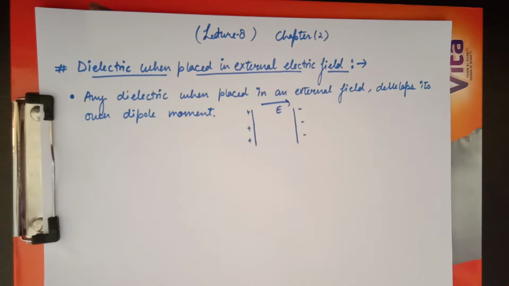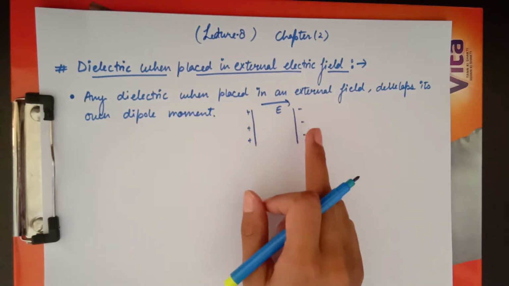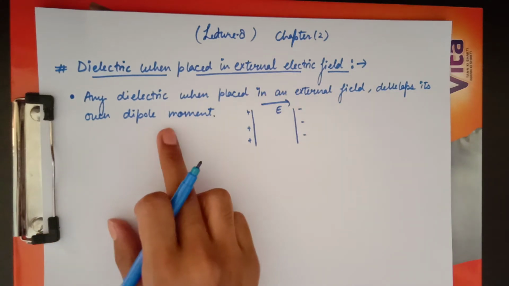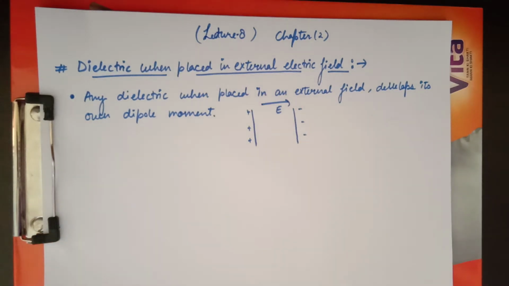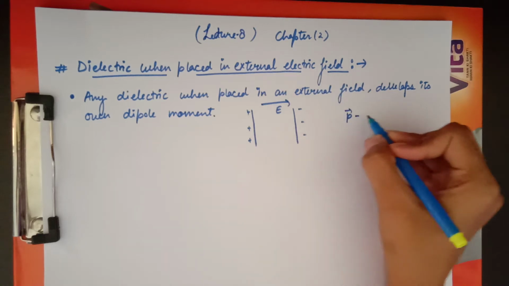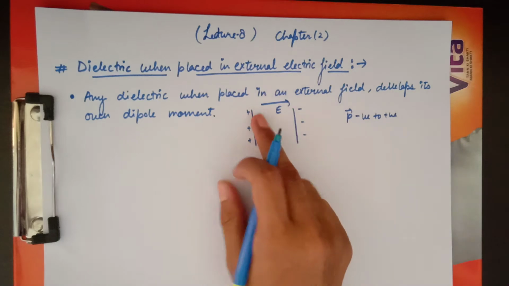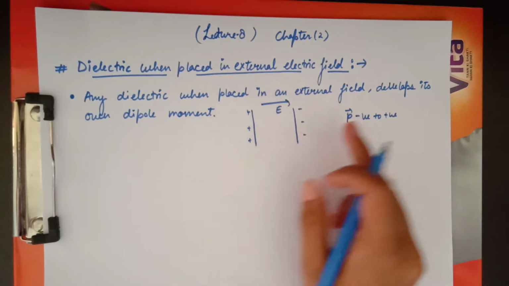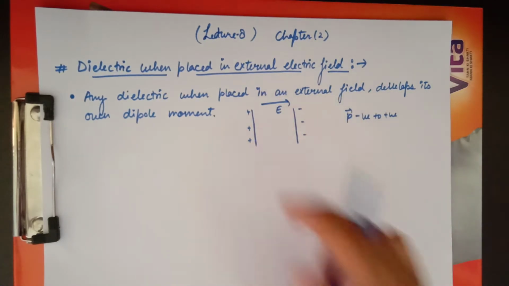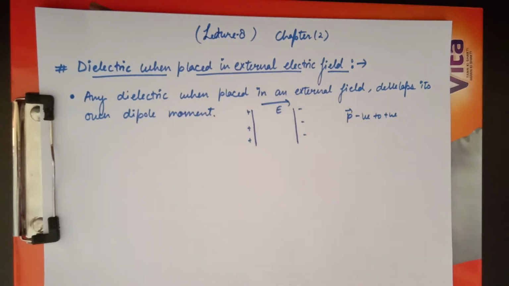If you put a dielectric in between these two plates, it will develop its own dipole moment. Means the direction of dipole moment is from negative to positive, as electric field lines are from positive to negative. So a dipole moment is automatically developed when any dielectric is placed in any external electric field.